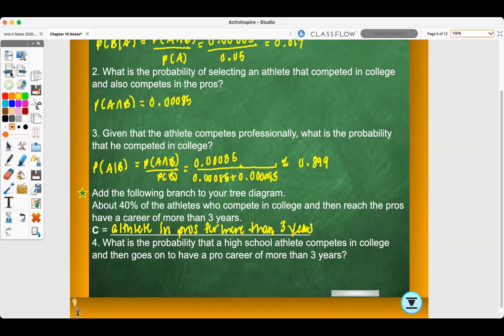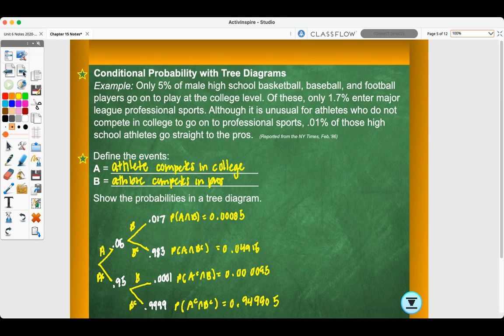And this is one who competed in college, then reached the pros. So competed in college and the pros would be right here. And from this, you would have C and C complement. So more than 3 years, not more than 3 years. And this would be 0.4. So this would be 0.6.